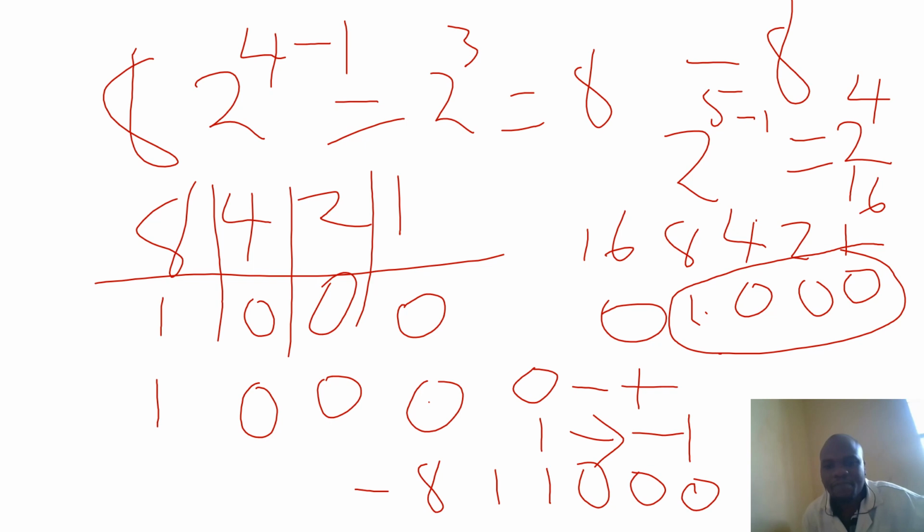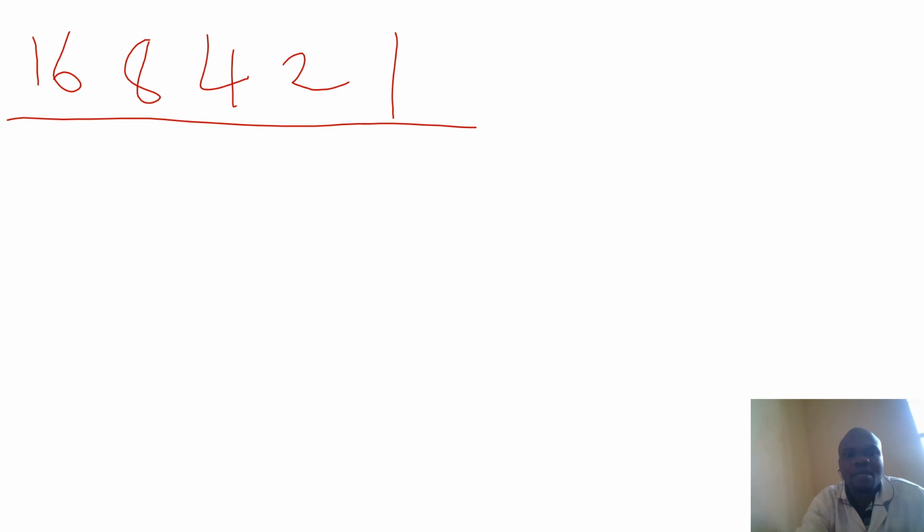To confirm if it is negative 8, I can use this. Remember here I had 16, then 8, 4, 2, and 1. For the negative, we have taken 1, then 1, 0, 0, and then 0.